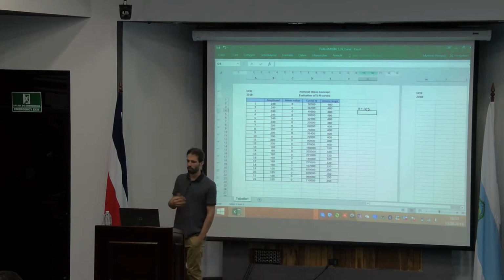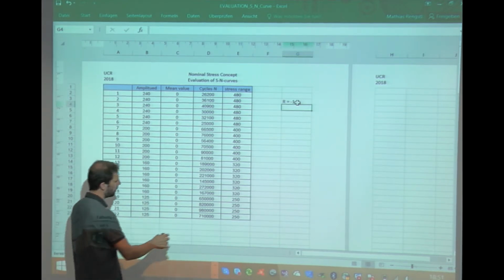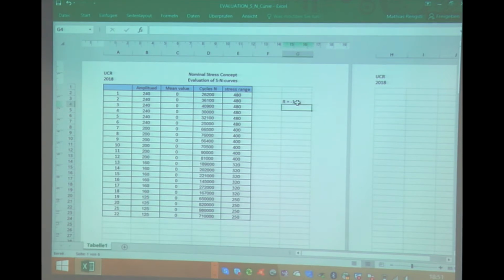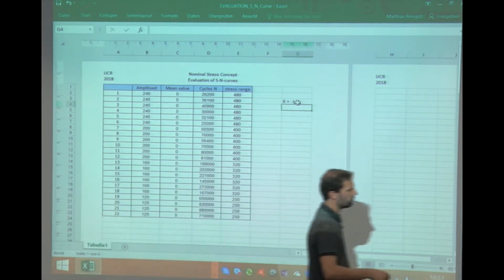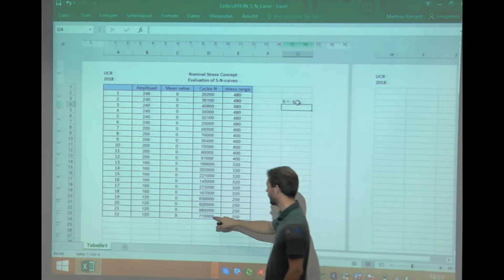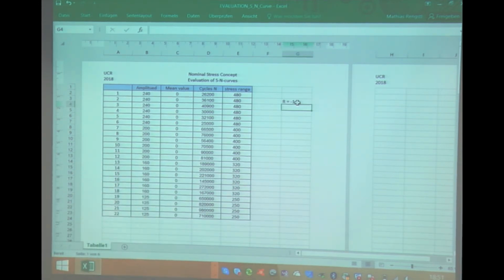So, for example, for the first testing with 240 MPa, we got a failure after 26,200 cycles. Also what you can see here, it is rounded to a number of 100. Because due to the logarithmic definition of our SN curve, the last number doesn't really count for the huge numbers you have here.